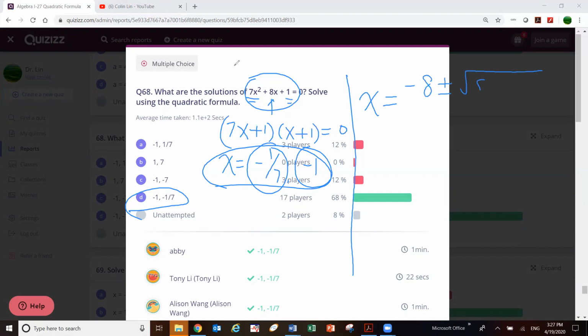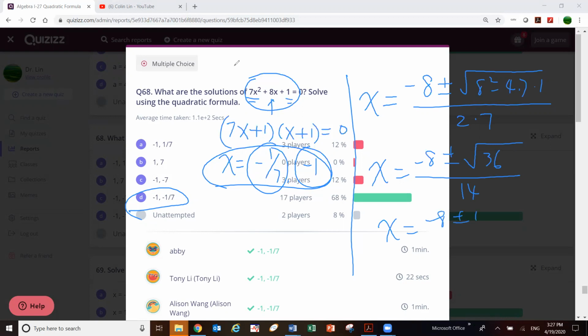b squared minus 4 times 7 times 1, over 2 times 7, right? So x equals negative 8 plus or minus the square root of 64 minus 28, which is 36, over 14. So x equals negative 8 plus or minus 6 over 14.